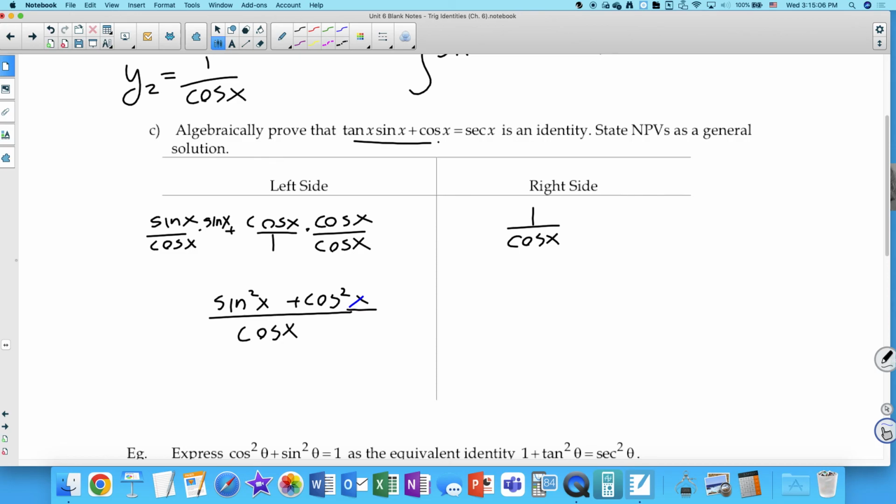So now what? We can't factor. Yeah? The numerator is equal to 1. And now we have, okay, left side equals right side.